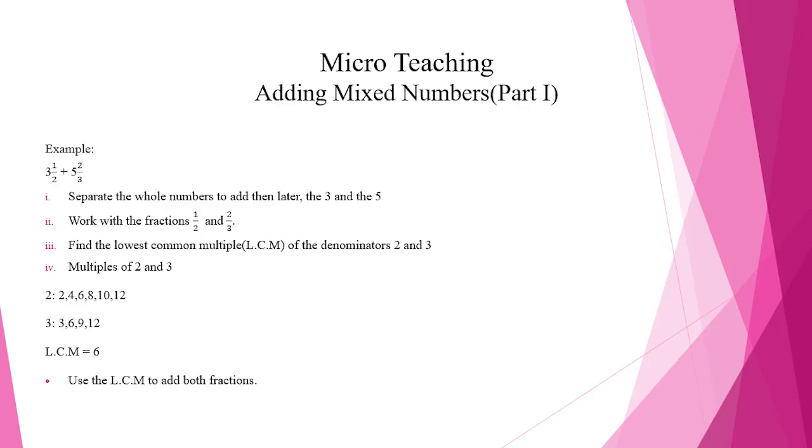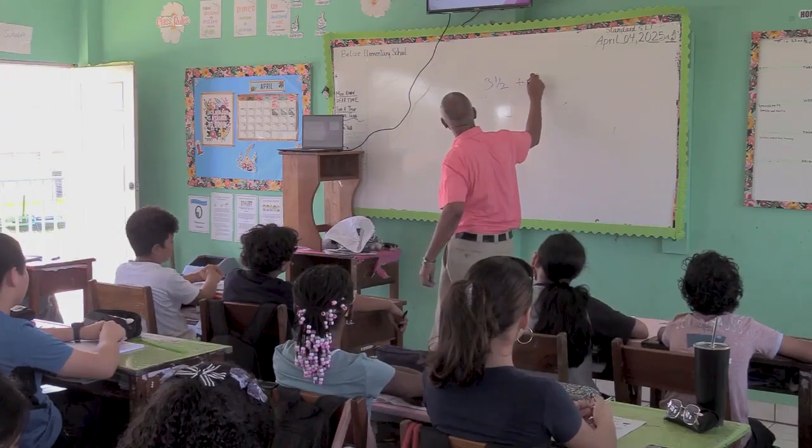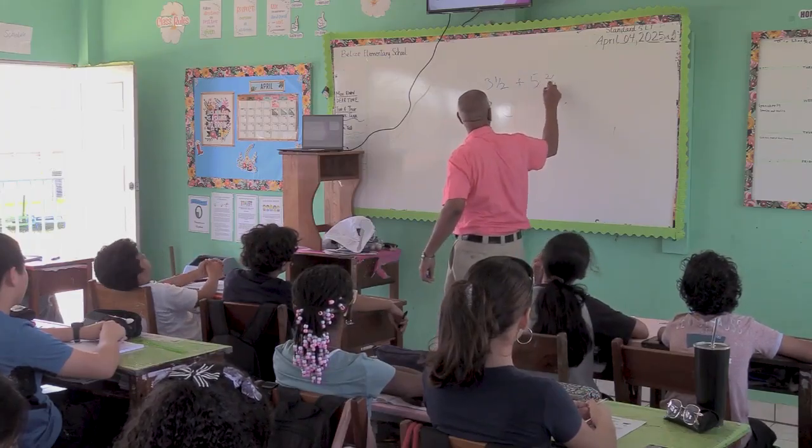Now, in the addition of mixed numbers, there are several steps you have to go through. Remember that a mixed number is made up of a whole and its fractional part. So you want to add the mixed numbers 3 1/2 and 5 2/3.